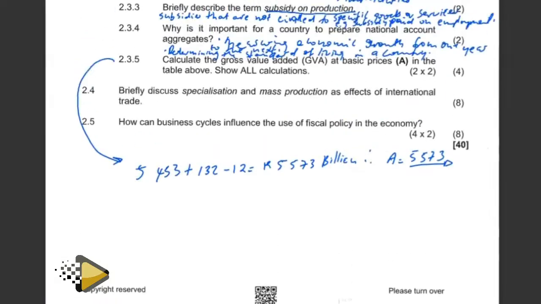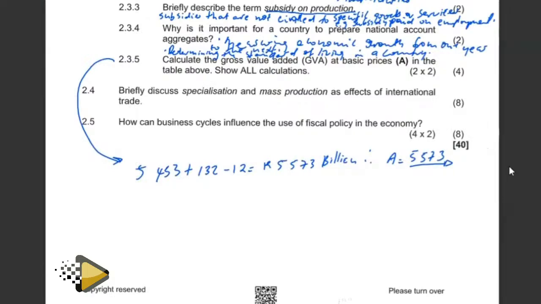Okay, right, grade 12. So now let's move on to the next question. The next question is expecting us to come up with a discussion of specialization as well as mass production as effects of international trade.